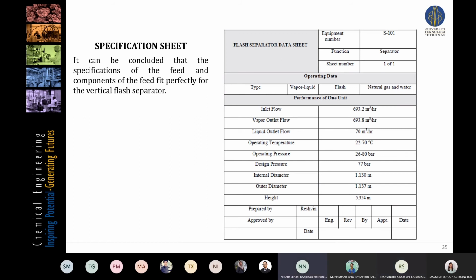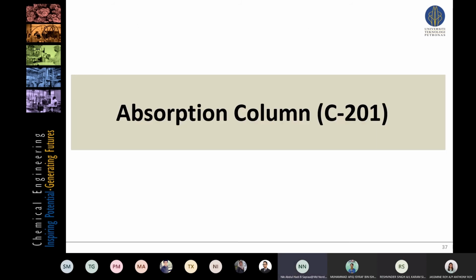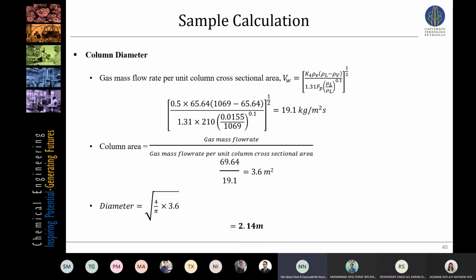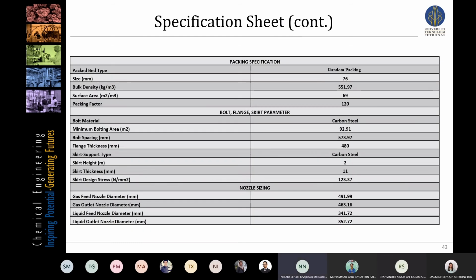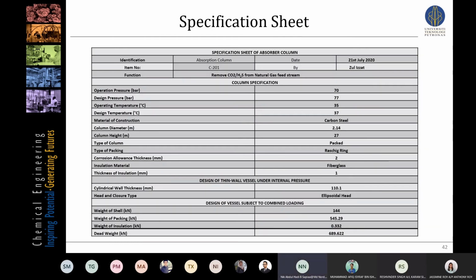Okay, let's move on first if you cannot justify this. Absorption column C201. Where is the specification? Slide 42. This one is for the AGRU, right?